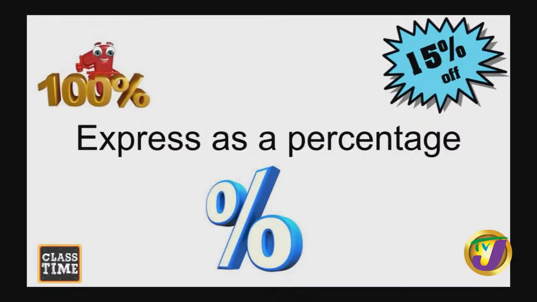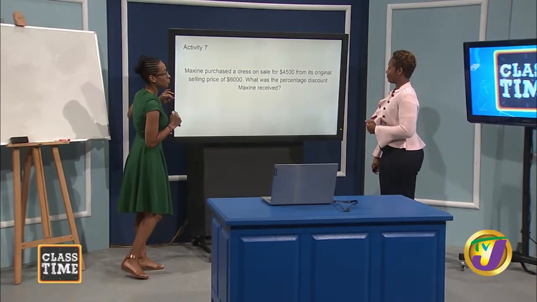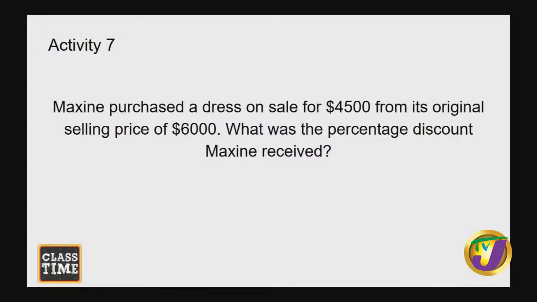What's our first activity? So here we have Maxine purchased the dress on sale for $4,500 from its original selling price of $6,000. What was the percentage discount Maxine received? And clearly, we can see that she would have received some discount. She paid $4,500 for a dress that originally cost $6,000.